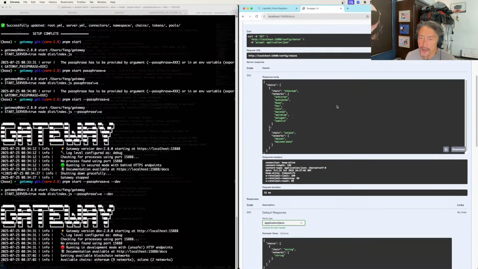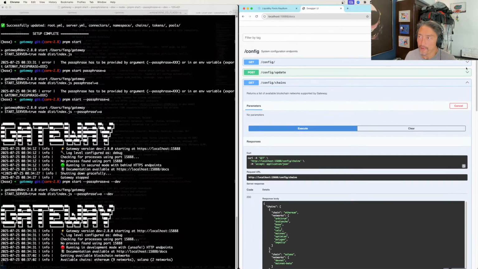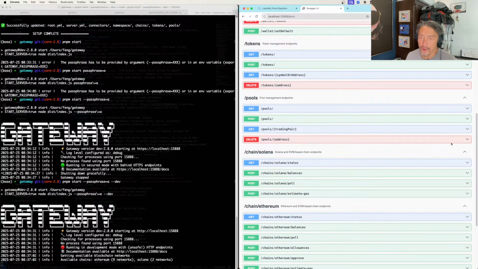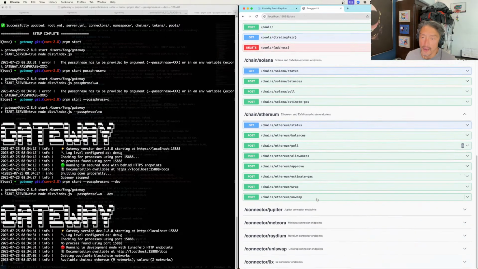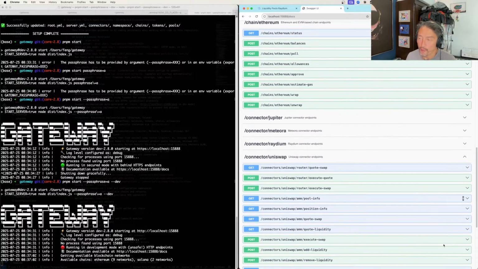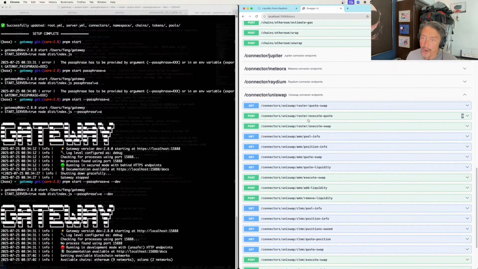And then finally, for connectors, there are three types that we've added initially to Gateway. Uniswap, for example, supports all three types. The three types are routers, AMM, and CLMM.